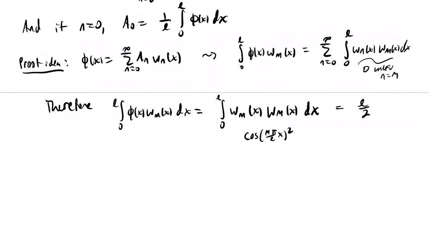Right, sorry. When I wrote this sum up here, there should have been an an here, right? And so then the only coefficient that remains is the coefficient for am, right? And so therefore, this tells me that am is 2 over L times the integral from 0 to L of phi of x times wm of x.